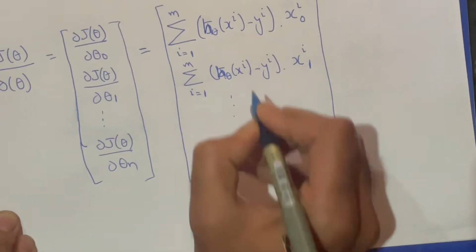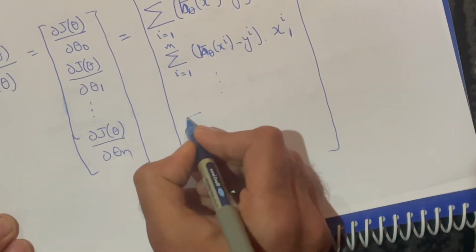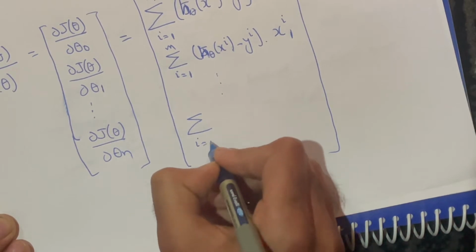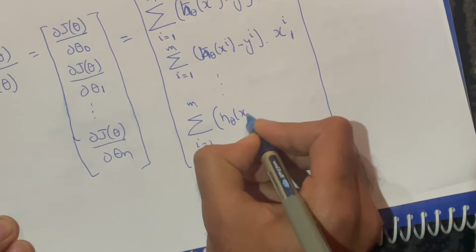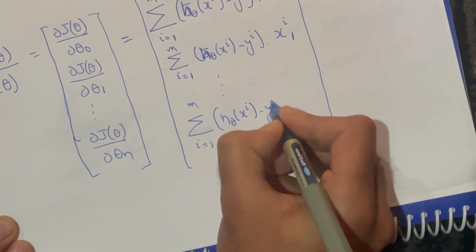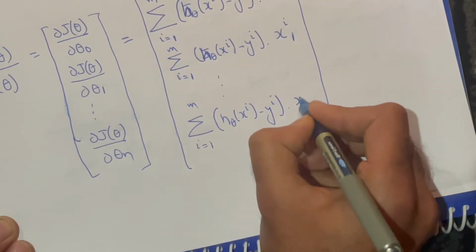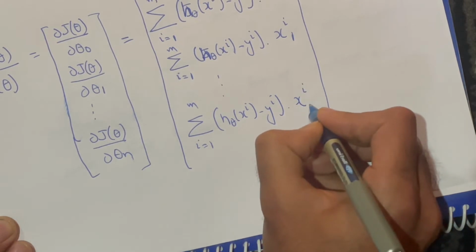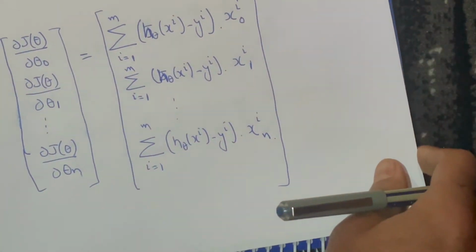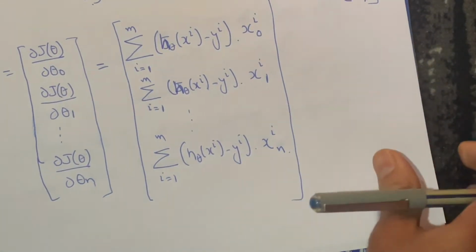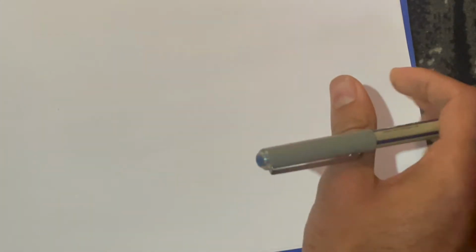And we have to do the same thing up to summation i running from 1 to m, h of theta x i minus y i, into x i n. Okay, fine. So let me write this equation again.